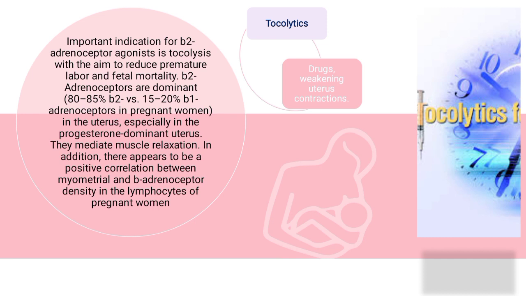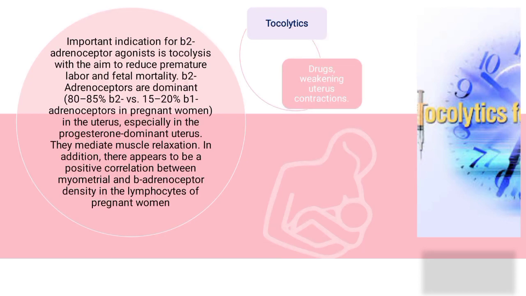An important indication for beta-2 adrenoreceptor agonists is tocolysis, with the aim to reduce premature labor and fetal mortality. Beta-2 adrenoreceptors are dominant, 80 to 85% beta-2 versus 15 to 20% beta-1 adrenoreceptors, in the uterus of the pregnant woman, especially in the progesterone-dominant uterus.